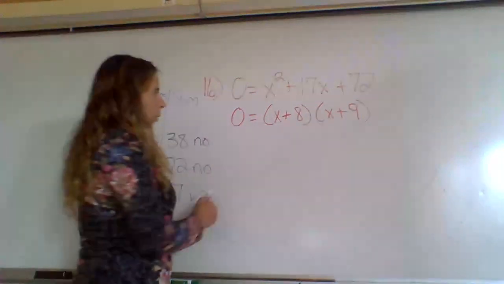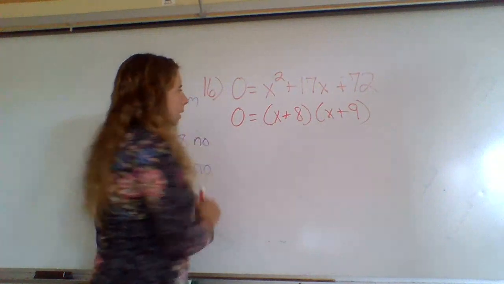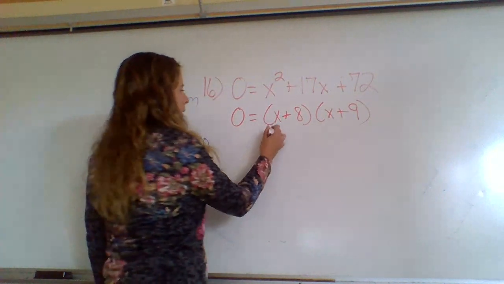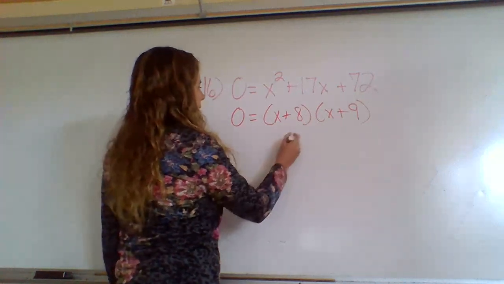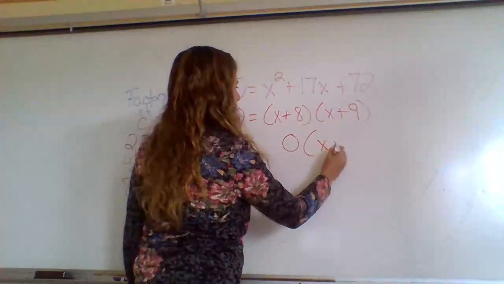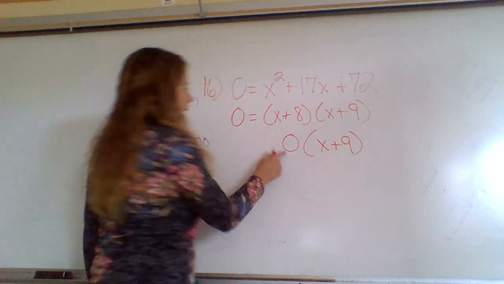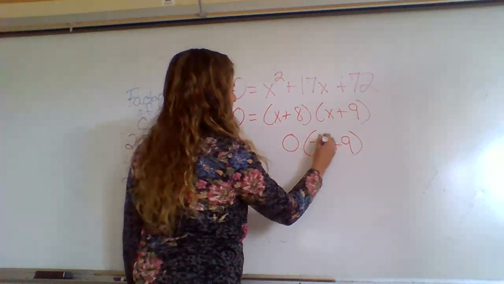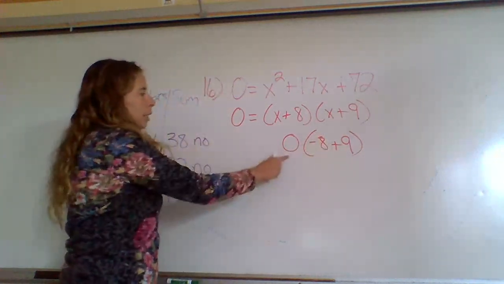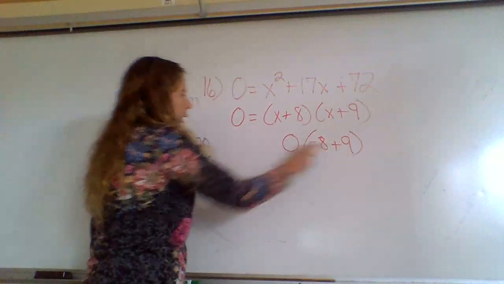Okay, so if x is -8, -8 plus 8 is 0. 0 times x plus 9, well, I guess this would also be negative 8, huh? Okay, but it doesn't matter. 0 times anything is just 0.